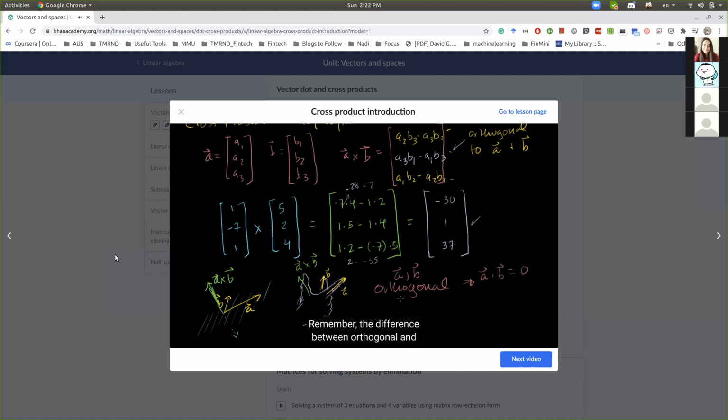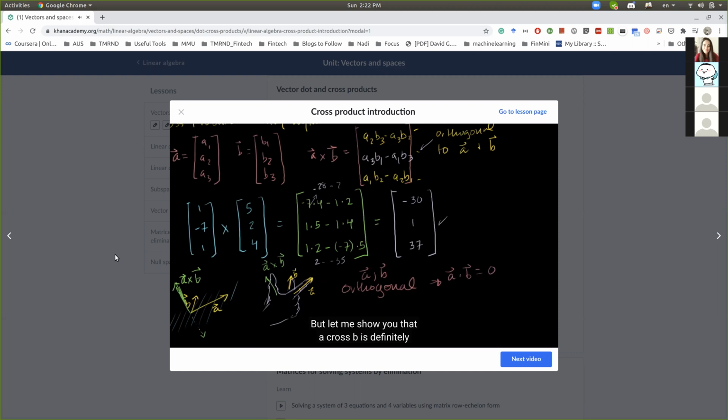Remember, the difference between orthogonal and perpendicular is that orthogonal also applies to 0 vectors. So these could also be 0 vectors. Notice that I didn't say that any of these guys up here had to be non-zero. In a little bit, we'll talk about the angle between vectors, and then you have to assume non-zero. But if you're just taking the cross product, there's no reason why any of these numbers can't be 0.